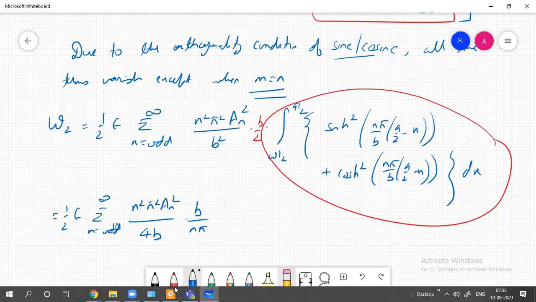So please try to solve this integral using the hyperbolic identities.